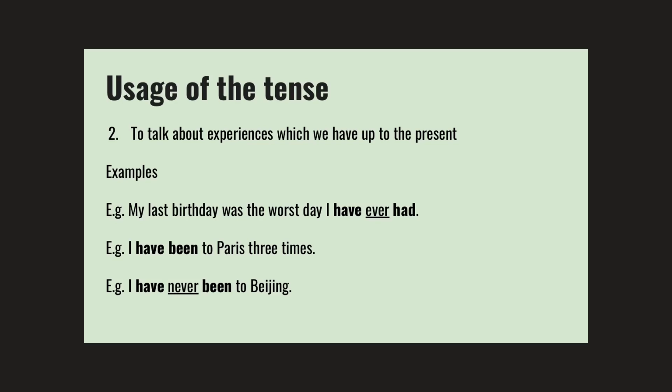Never having an experience is also counted as an experience. For example, I have never been to Beijing. So never being there is also an experience that you don't have up to the present. But we add never in between has, have, and the past participle.